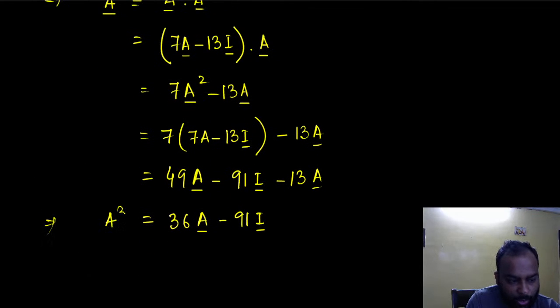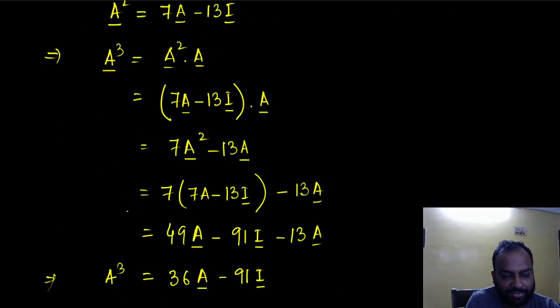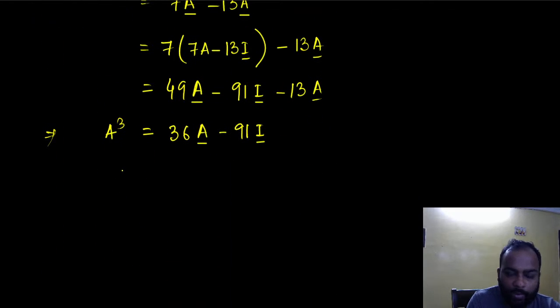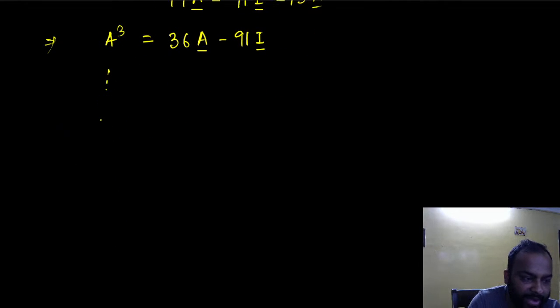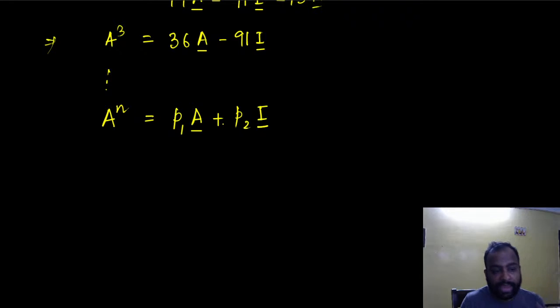So we can calculate A squared with the first power of A, A cubed with the first power of A, and in fact any power of A with the first power of A. So the expression will always look like p1 times A plus p2 times I. A to the power n is always going to look something like this, where p1 and p2 are just numbers, scalar quantities.